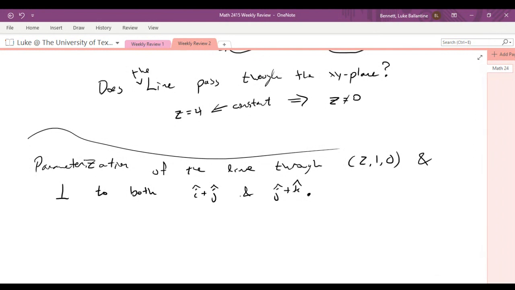This line through 2, 1, 0 and perpendicular to both i plus j and j plus k.